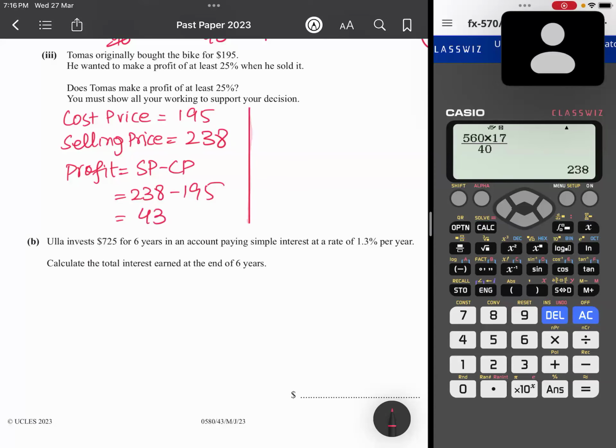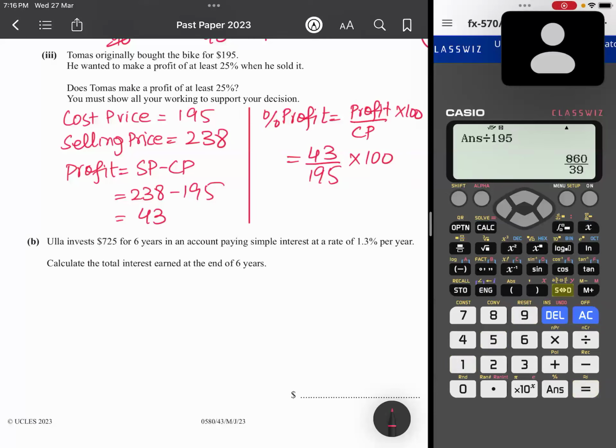So let's check whether this is the percentage profit. Percentage profit is profit divided by cost price multiplied by 100. So profit is $43. The price of buying the bike was 195, multiplied by 100. So 43 multiplied by 100 divided by 195.